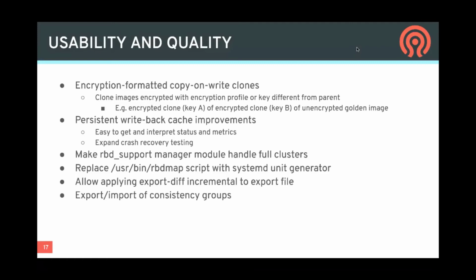Replace the rbdmap script with a systemd unit generator. This would generate a systemd unit per device, allowing other units to depend on it, and making systemd handle file system mounts and unmounts, including fancy things such as automounts that would be triggered by accessing the mount point.